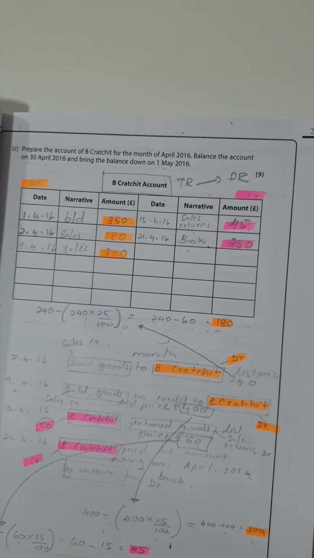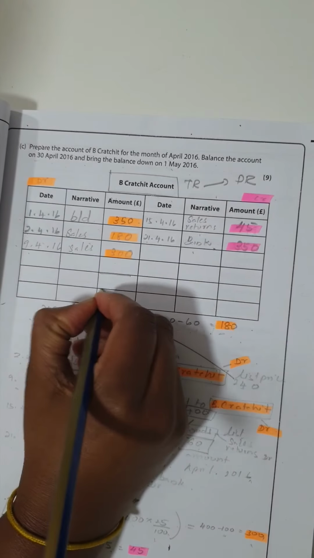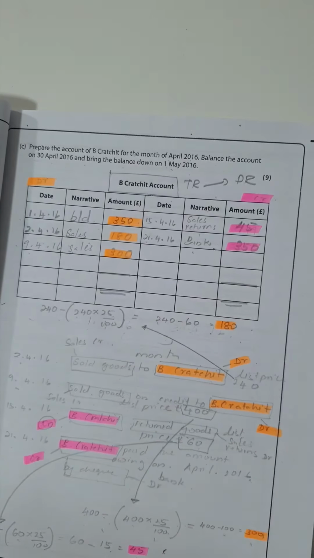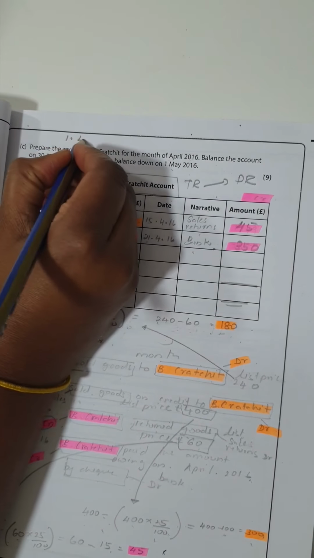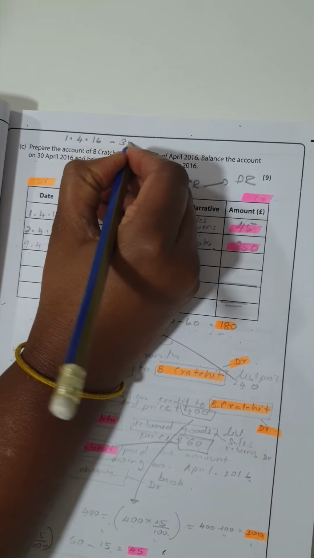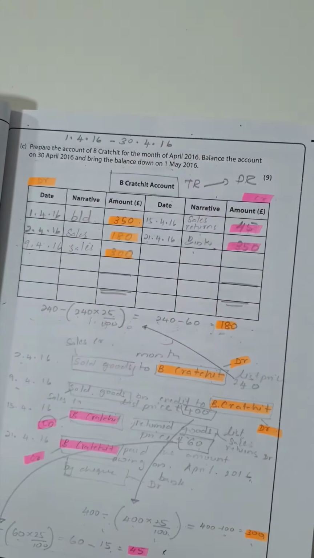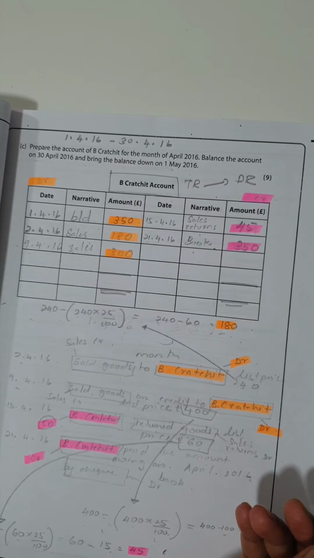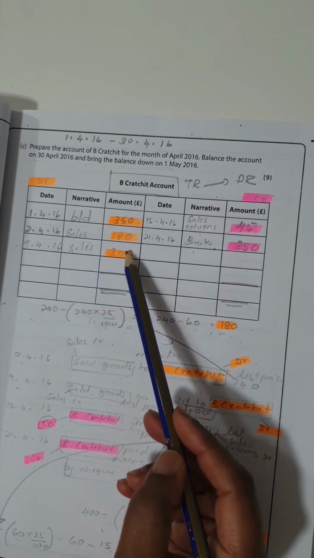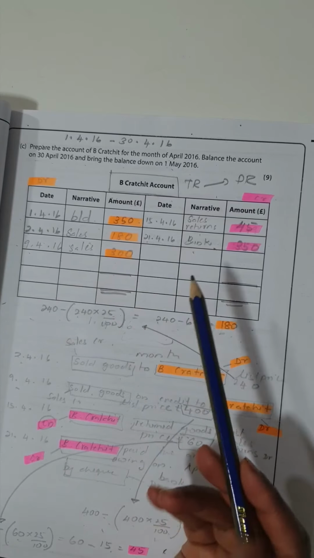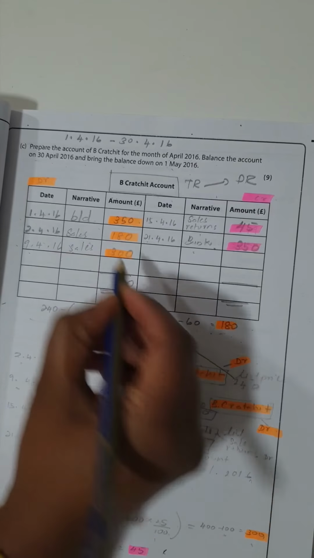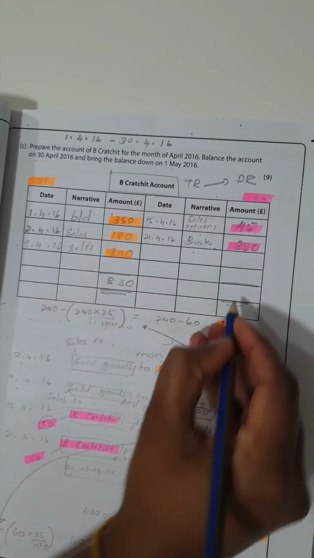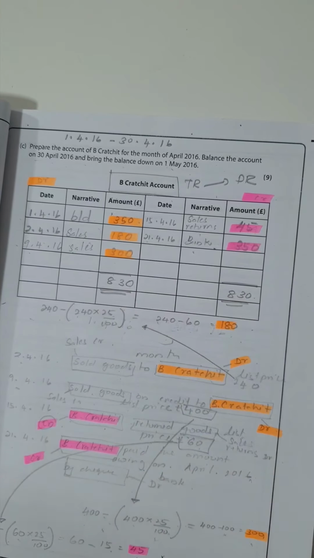Now it's time for balancing. And remember, you're preparing this for a month, starting from 1st April 16 to 30th April 16. Now let's see which side total is the greatest. On the debit side you have 350, 180 and 300, which is the greater side, 830.